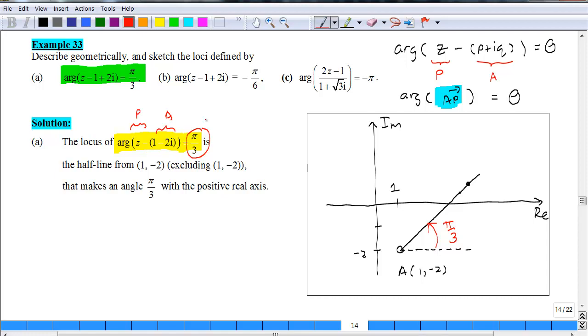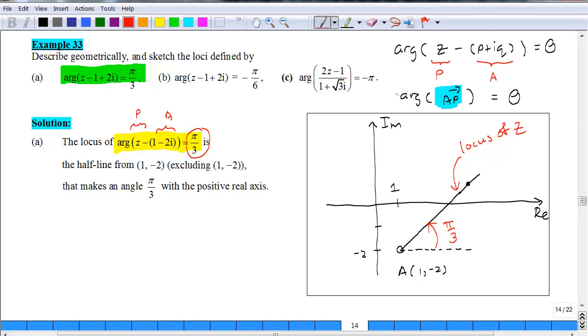So what it means is this: the locus of the complex number Z is all the points on this line, starting from A and continuing infinitely, but it does not include the point A itself.